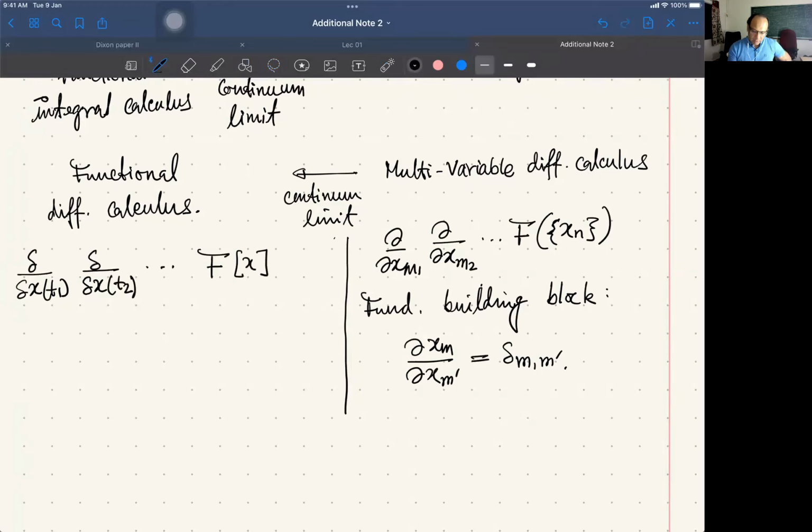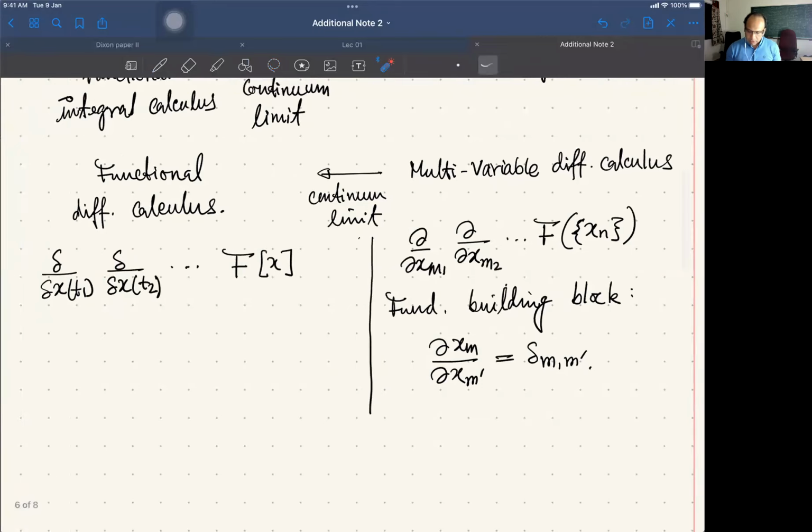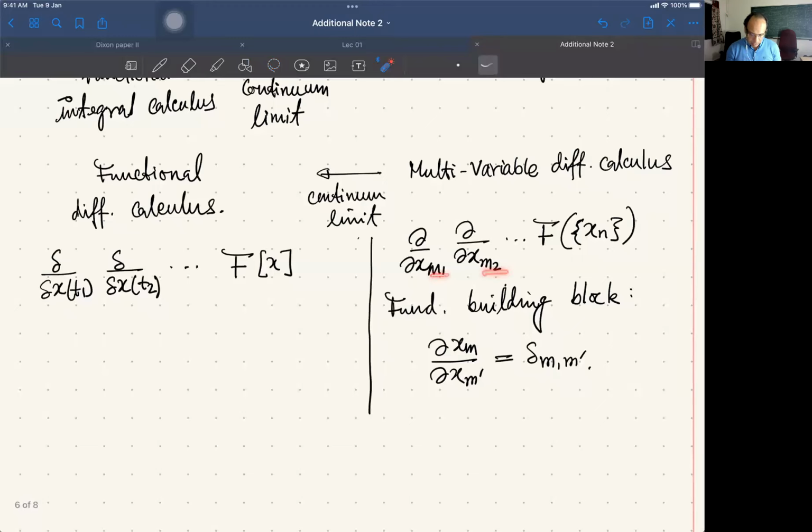I'm using a different notation. Instead of partial, I'm using delta here, just to indicate that I'm talking about continuous argument, continuous variable indexes. So here we have discrete index, here we have continuous index. That's the only difference.